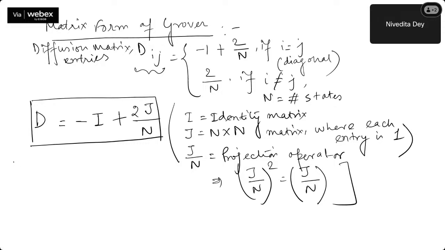For example, just for example, some entries, how it might look like. Okay, let me just do it, then we will see some example. That means this D is a matrix ultimately.